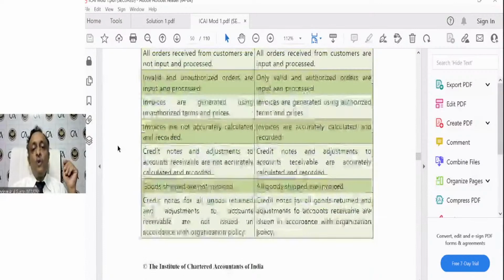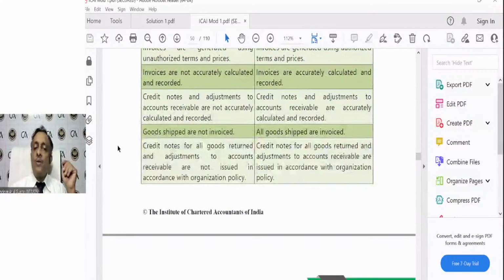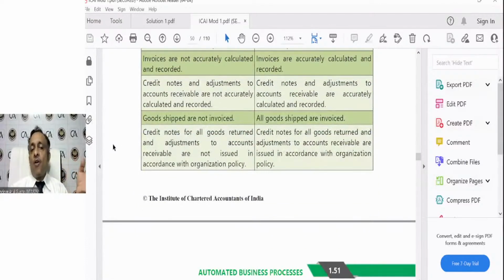Then credit notes for all goods returned and adjustment to account receivable are not issued in accordance with organization policy. You have to see whether, yes, again, because you are under GST, there's a time frame. Just see what is the time frame in which you can get GST reversal for goods return.